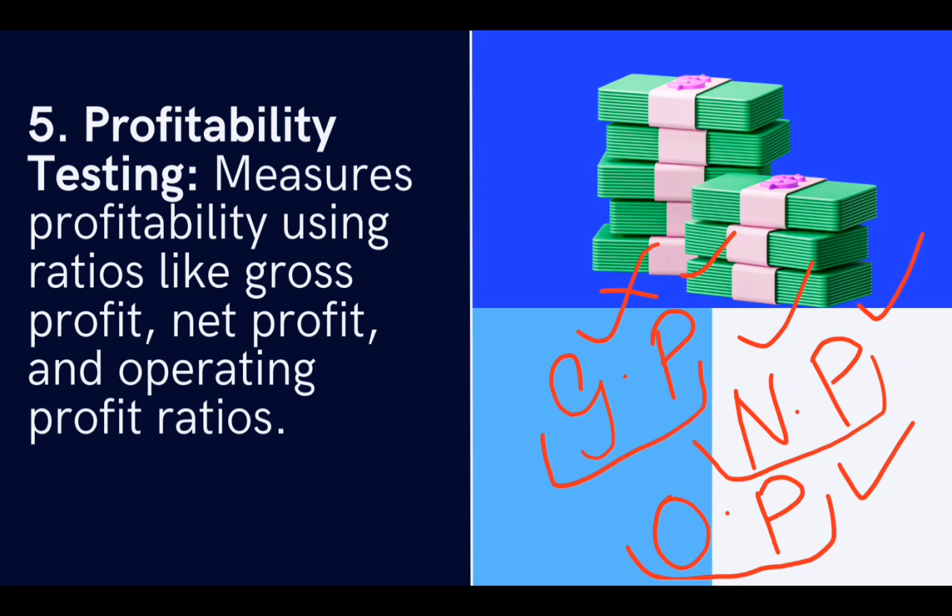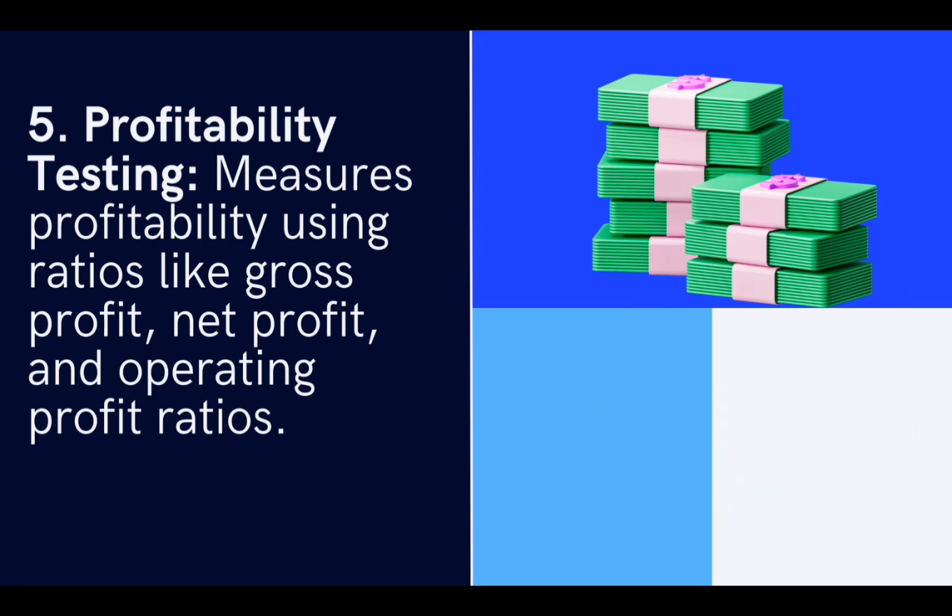For some people, gross profit will be considered, others will consider net profit, others will consider operating profit. So there are different ratios which measure each kind of profitability. At the end of the day, they just want to measure the profit making ability of the business. Ratios give an easy and simple representation for that.